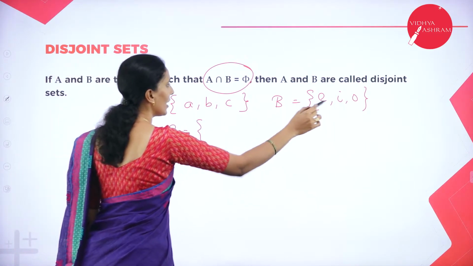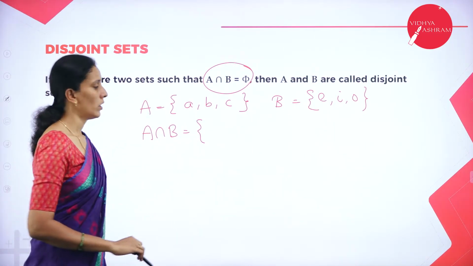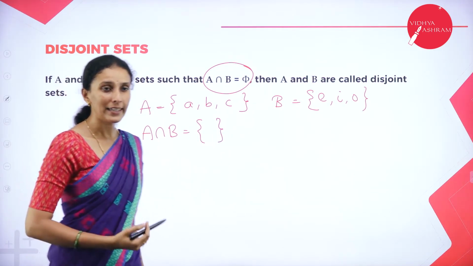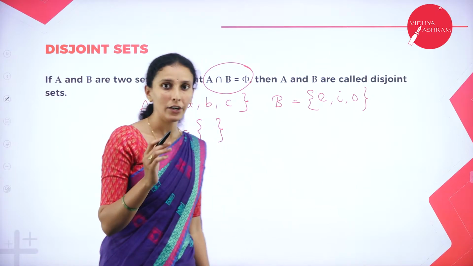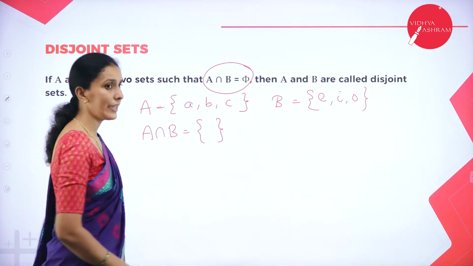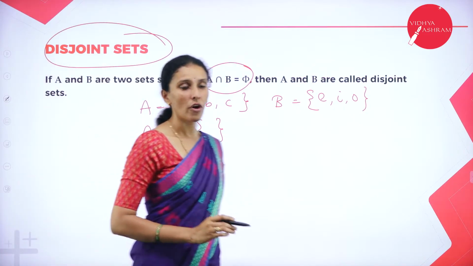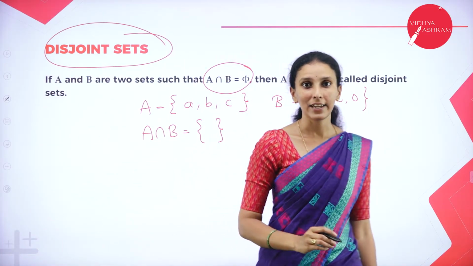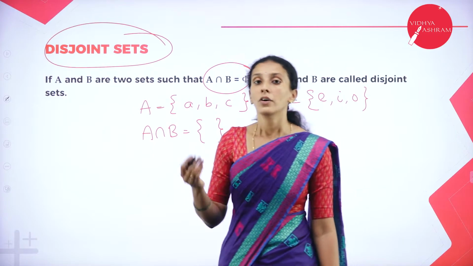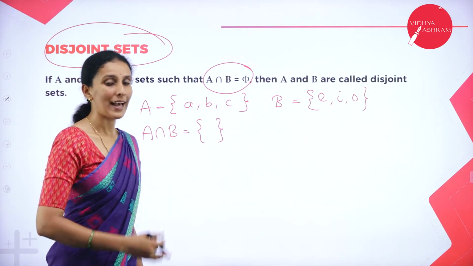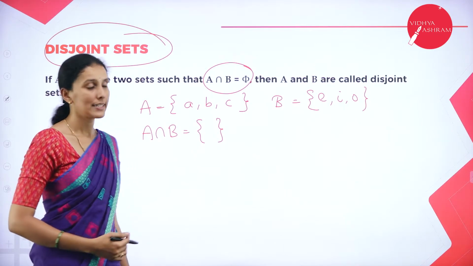Do you find any common elements here? No. So therefore, this is an empty set. So whenever you are intersecting any two sets and you get the answer as empty, then they are called disjoint sets. Disjoint sets mean their intersection is empty. Whenever the intersection of two sets is empty, we call them disjoint sets.